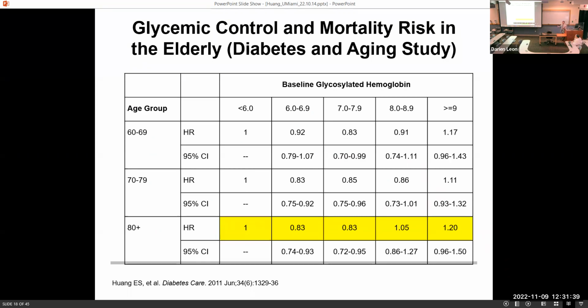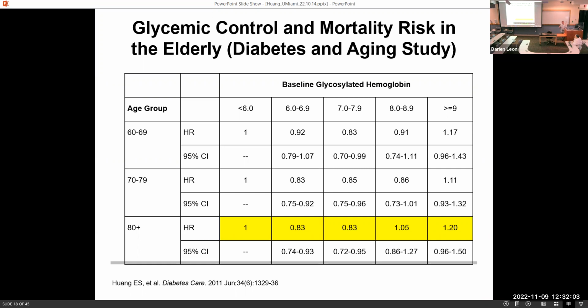Okay, so the other value of real world data is, of course, to re-examine the epidemiology of the disease, especially for older people and sicker people. In this case, we looked at the relationship between A1C and mortality. This paper came out around the time the ACCORD trial came out and has been replicated multiple times across observational studies.